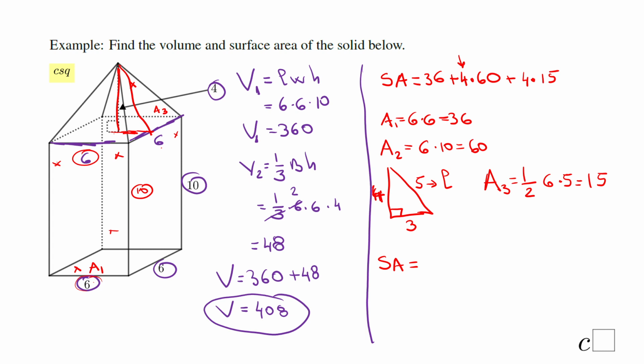So we have 60 plus 240 plus 36, and that will be 336 square units. So you need to be careful of this surface area, because you notice you don't, for example, want to add another base of the prism. It's not there. So 336 square units.